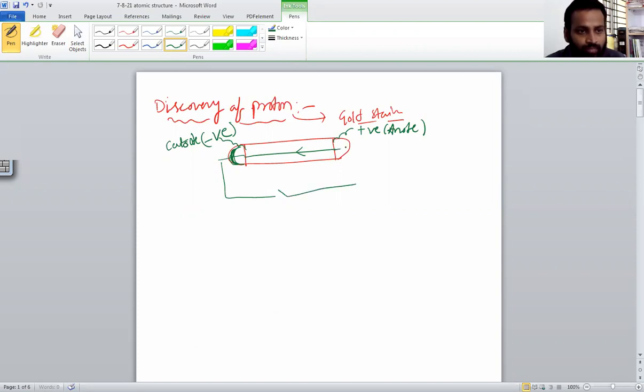Here you have a high voltage battery, around how much I said? Around 10,000 volts.